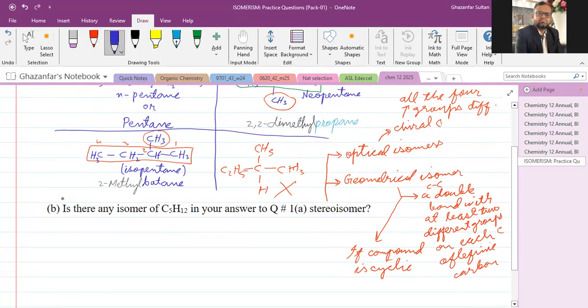So our answer is no. None of the isomers give stereoisomers.